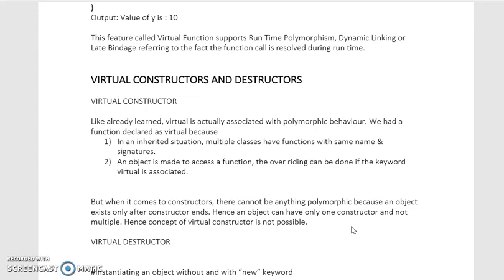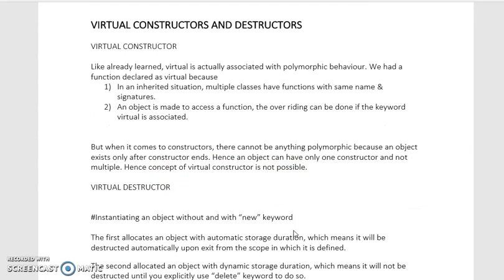If an object has to be created, naturally a constructor will have to run, so there won't be anything polymorphic about the behavior of the constructor, and an object exists only after the constructor function ends. So an object can have only one constructor, multiple constructors are not permitted, and hence the concept of a virtual constructor is not possible. I hope that idea is clear.